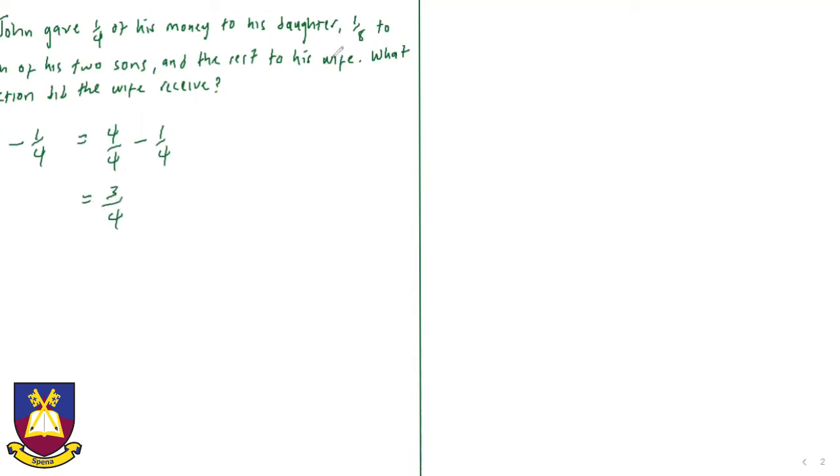Now he gave 1/8 to each of his 2 sons. So I'm going to get 3/4 minus 1 out of 8. And these sons were 2.